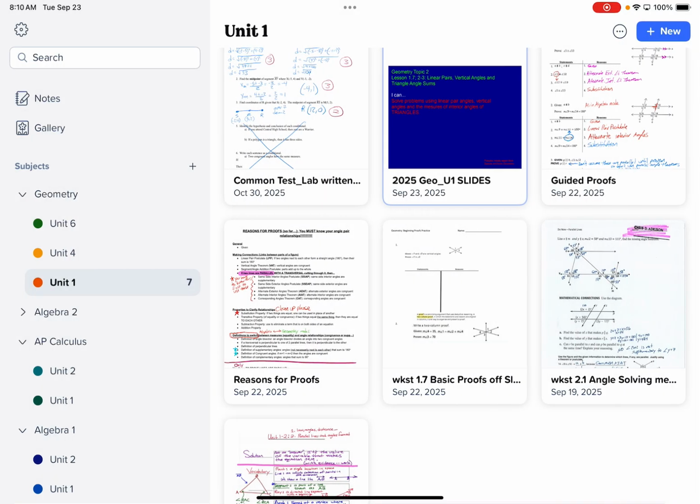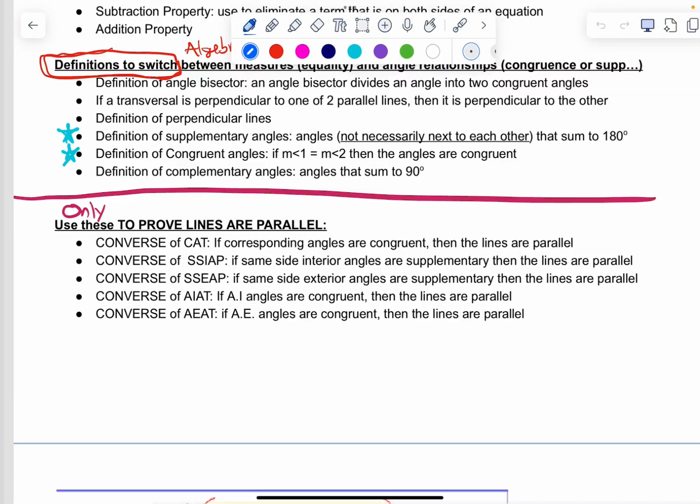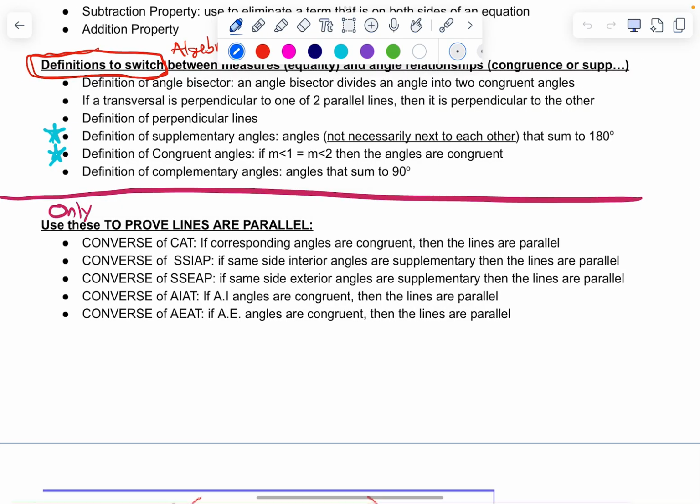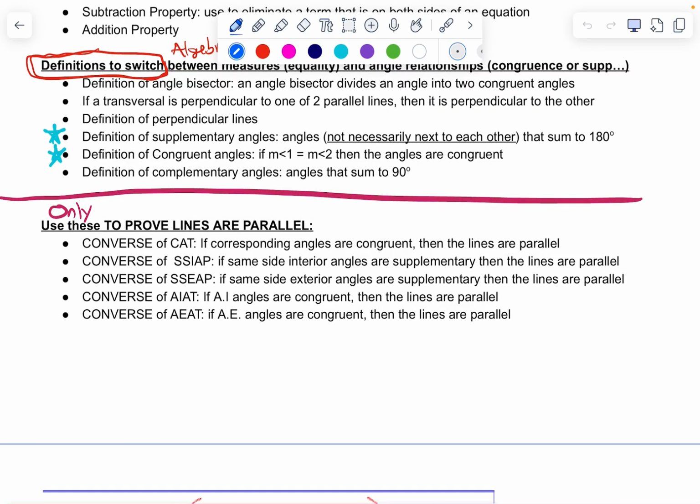Well, let me remind you, if you pull out your reference sheet and look at the bottom of it, the only way to prove that 2 lines are parallel is one of these 5 at the bottom. That's the only way to do it. And we have to show that one of these is true first.